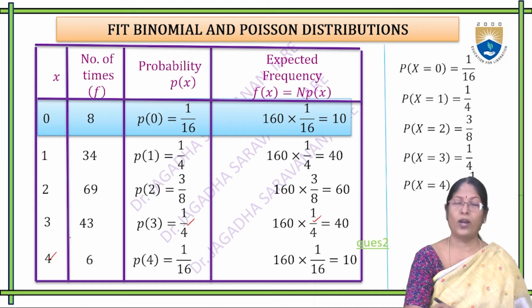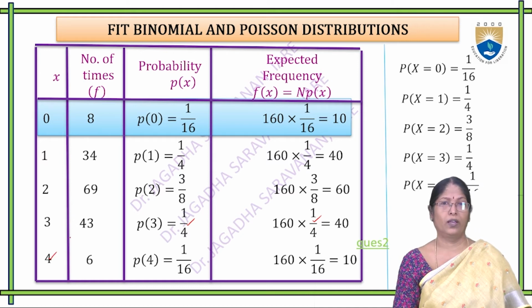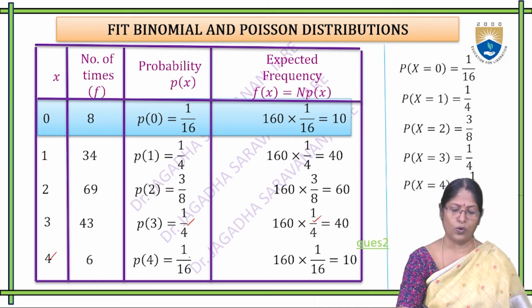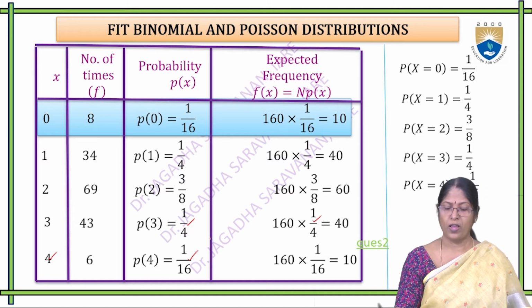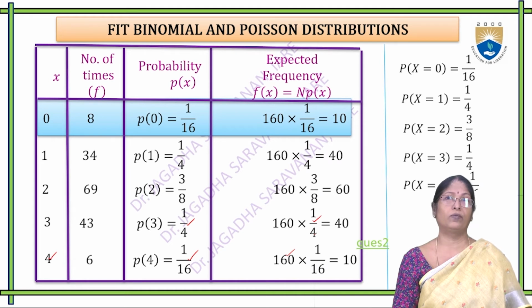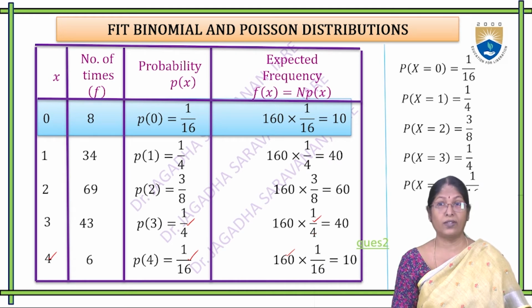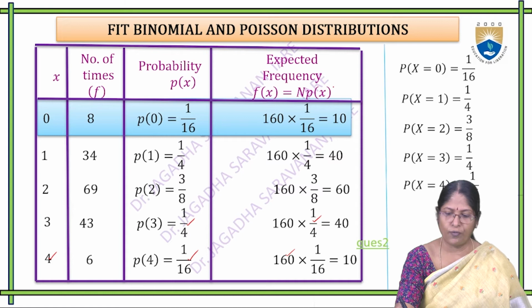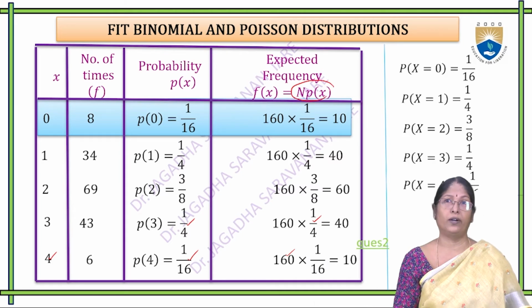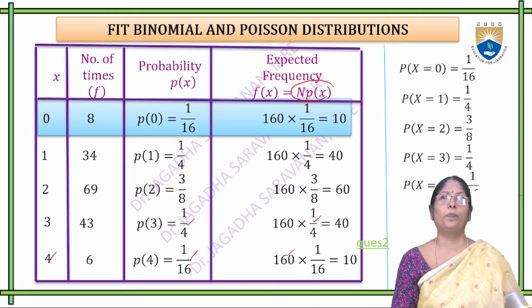The last one is 4, 6. So P of 4 equal to 1 by 16. So the 1 by 16 is multiplied by 160, the number of times 4 coins are tossed, satisfying this formula n into p of x, which takes the value from 0 to 4.